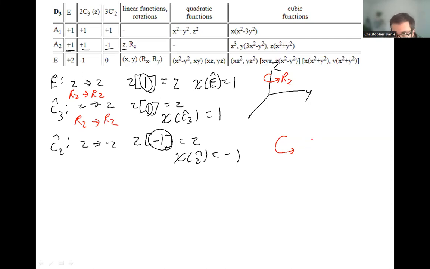Maybe it now looks like that, 120 degrees. But fundamentally, the vector is still denoting the same thing, which is the direction of the vector has not changed. And so RZ went to RZ. And so we still have a character of 1.